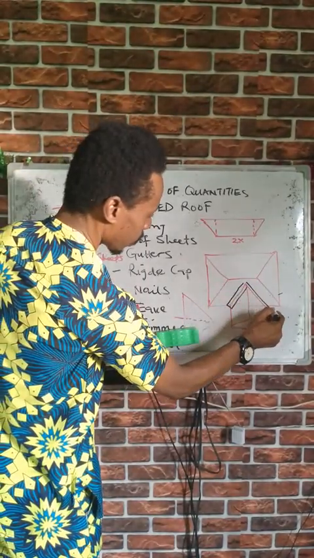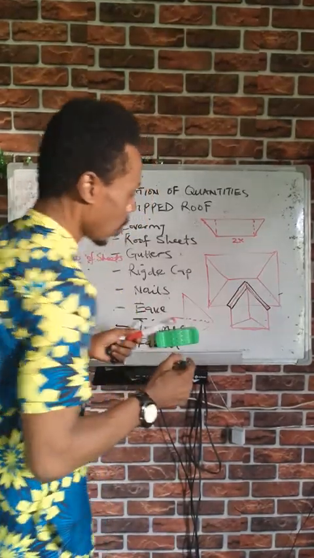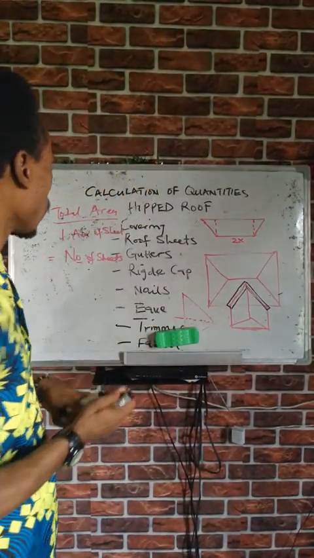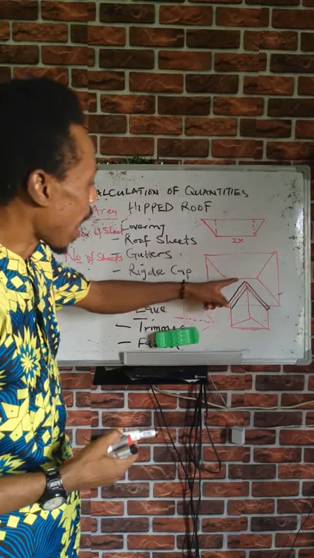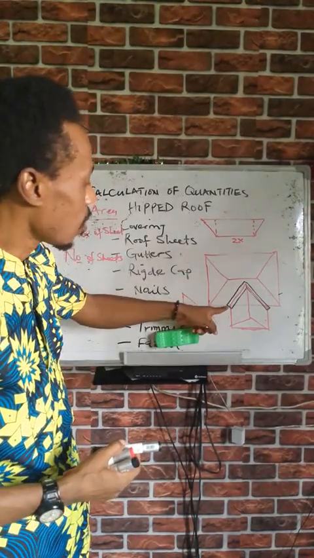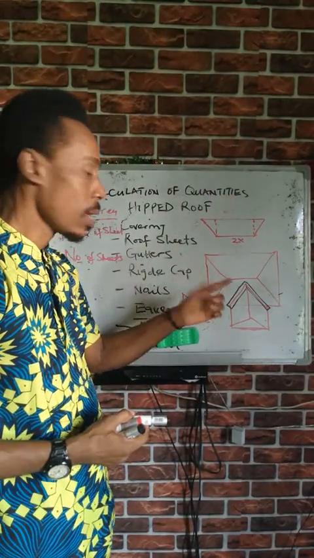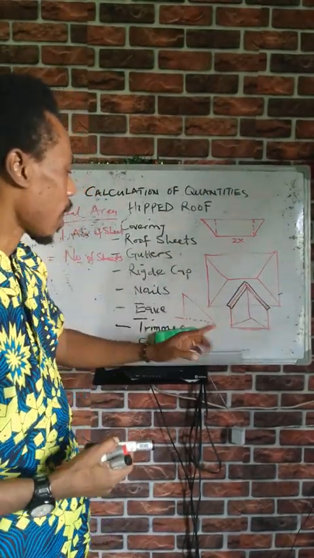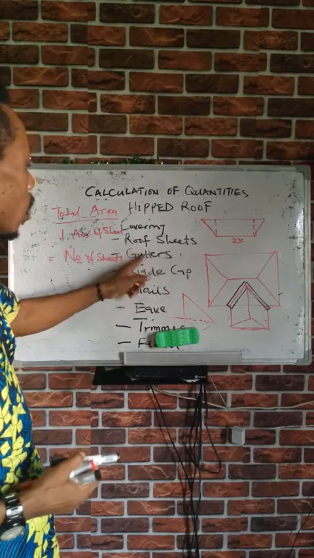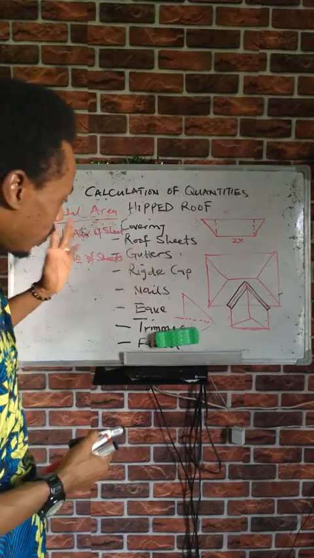This place is also where the gutter is. You can calculate the gutter by the length from here to that point where you're taking it from, then multiply by 2 for the other side. That will give you the number of gutters required.